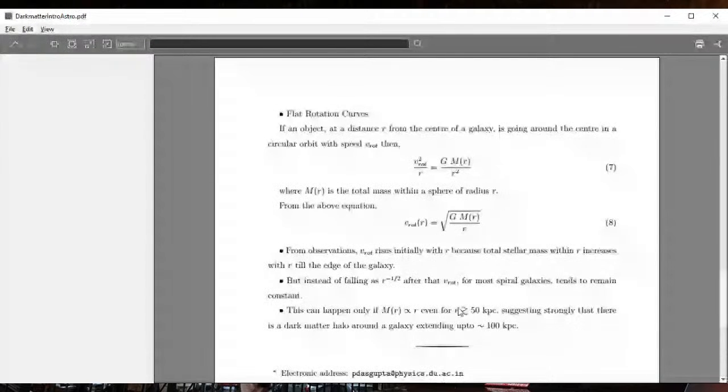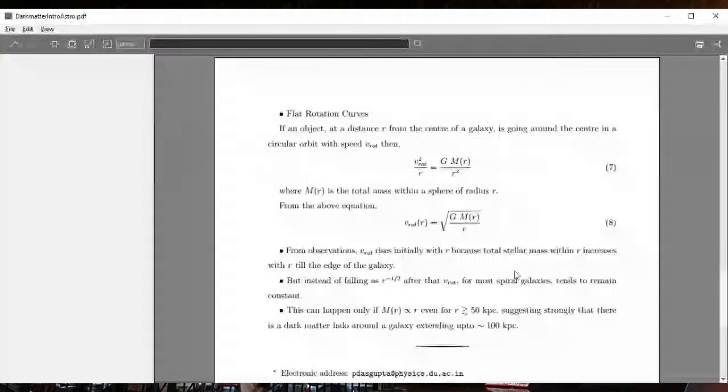If M of r by r has to be constant, it means M of r, which is roughly density times r cube, must have density going as 1 over r square, because density times r cube by r is density times r square, and density times r square is a constant. Meaning at large distances the density must go as 1 over r square.